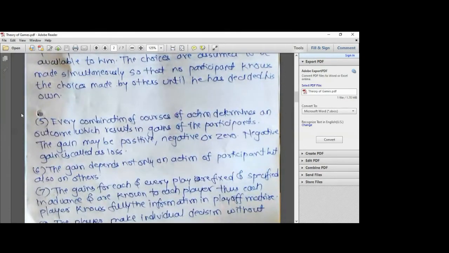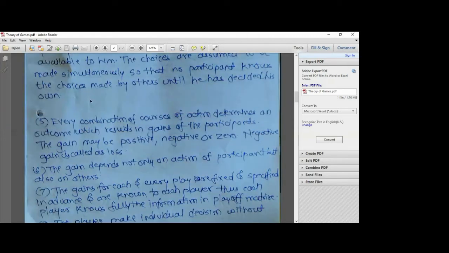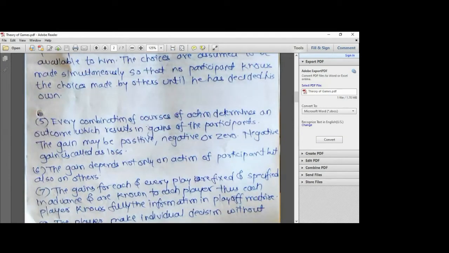So after every play there will be a certain outcome, right? And the outcome will be gains for a few and losses for a few, right? So every combination of courses of action determines an outcome which results in gains for the participants. Here I have written only gain because a gain can be positive, negative, or zero. A negative gain means a loss.